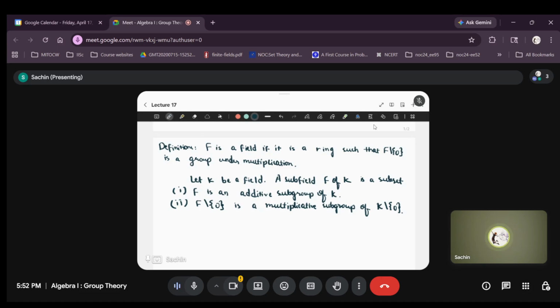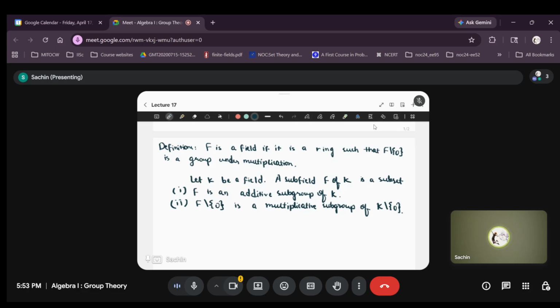And one thing to note here when you say it is a subfield or a subring, right? The operation is the same. So whatever operation K has, the same operation you're using to say that F is a subgroup of K and F minus 0 is a subgroup of K minus 0. The addition and multiplication there is the same. So in that sense, the set Zn is not a subgroup of Z, even though Zn is a group.